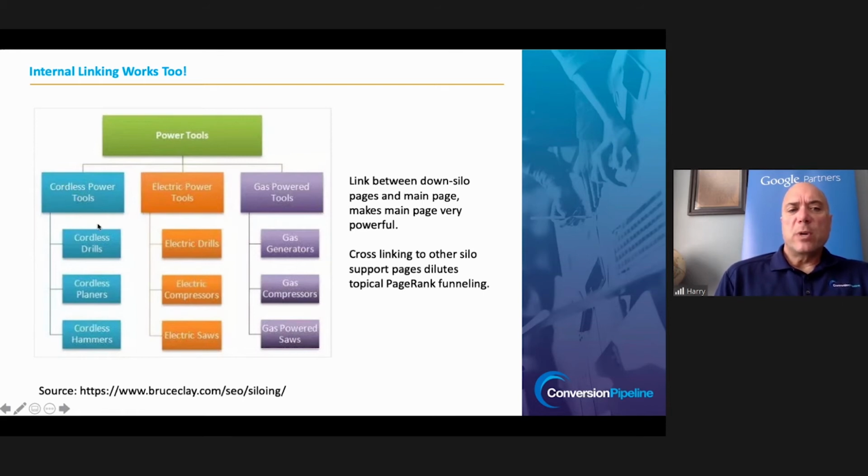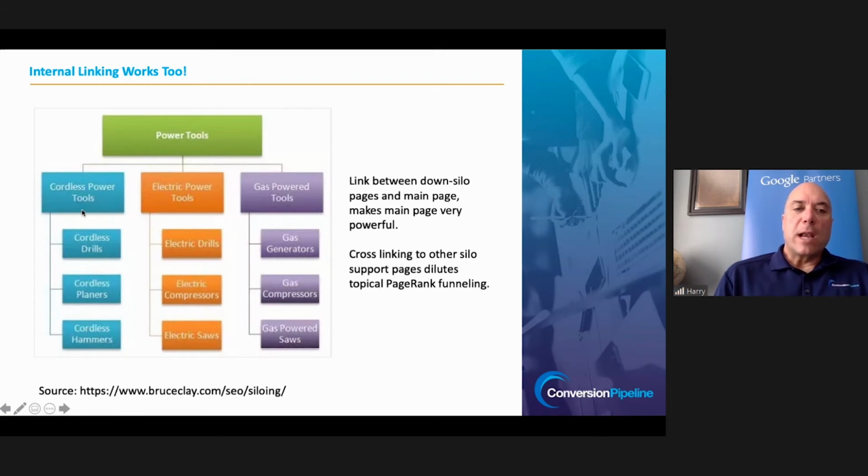So by doing that, there's another thing that's at play here too, and that is going back to webinar 2, where we talked about page content. Google is going to look at this page about cordless power tools and see that there is a link to cordless drills and a link to cordless planters and a link to cordless hammers.